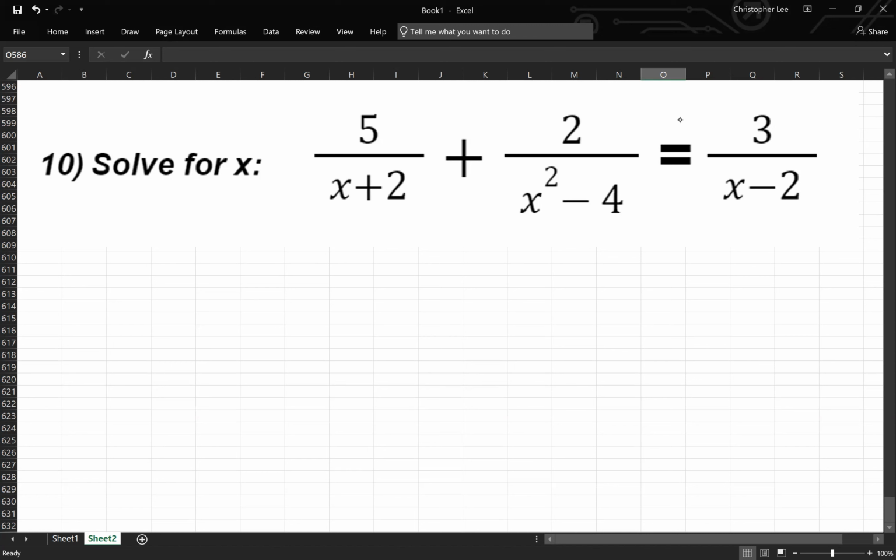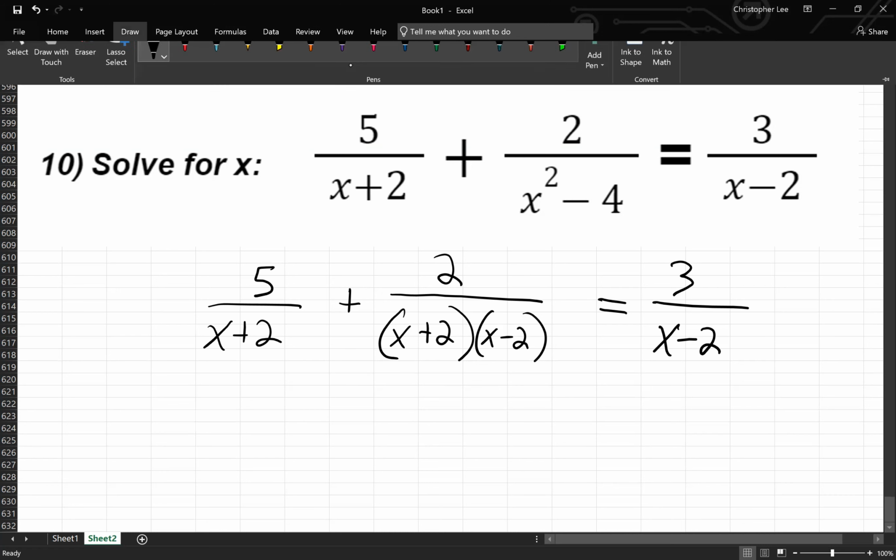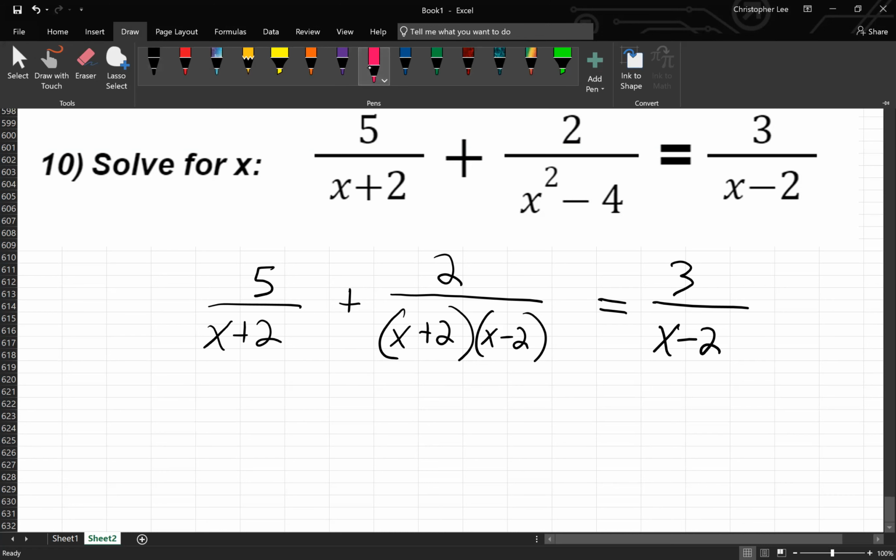So what's the factors here? Good. Equals what? Good. What's the LCD?